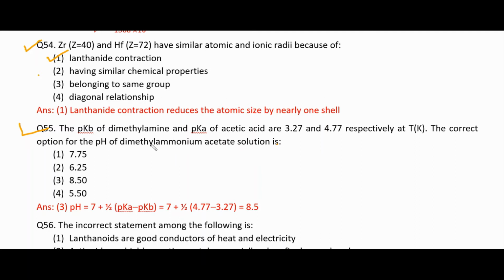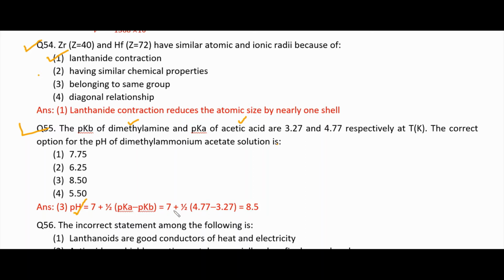Here, dimethyl ammonium acetate is a salt of weak base dimethylamine and weak acid acetic acid. For the salt of a weak base and weak acid, the pH is given by pH equal to 7 plus half into pKa minus pKb.